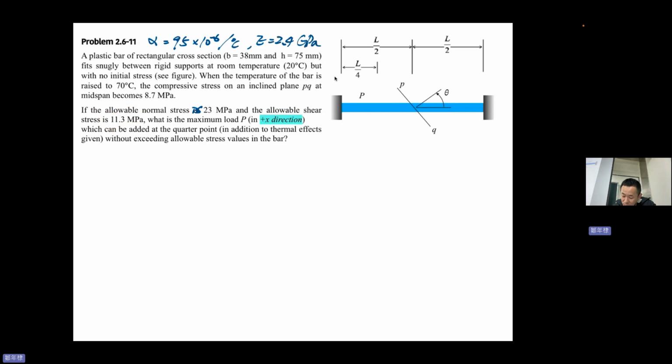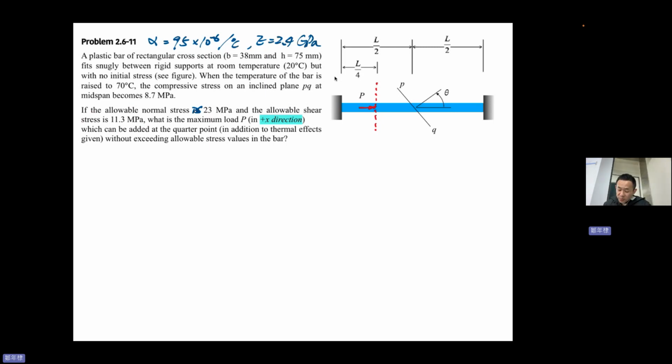What is the maximal load P in X direction? The X is at the quarter of the length.